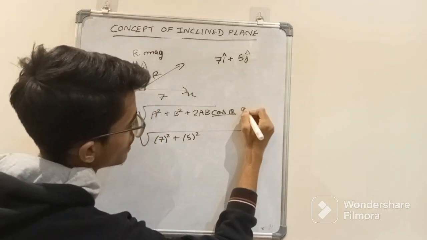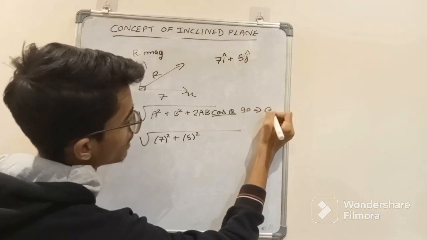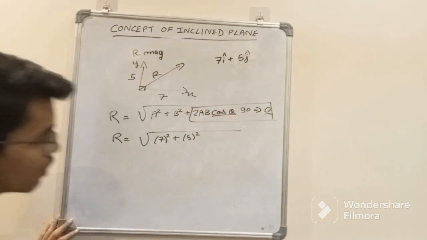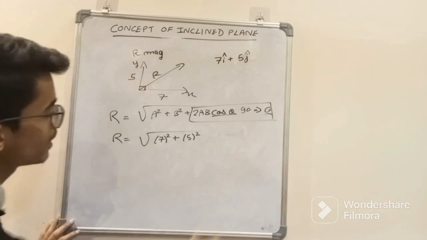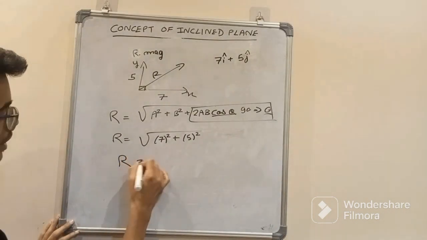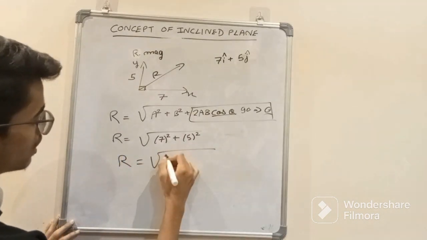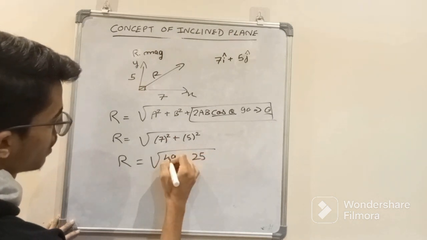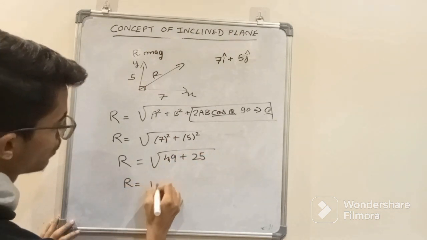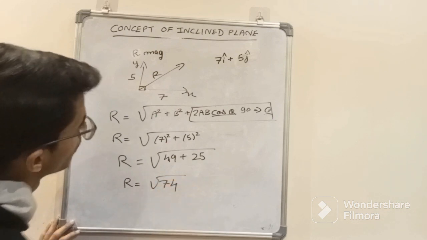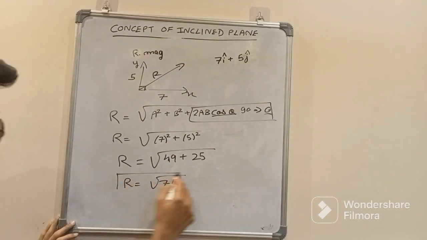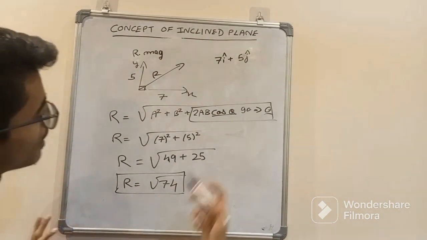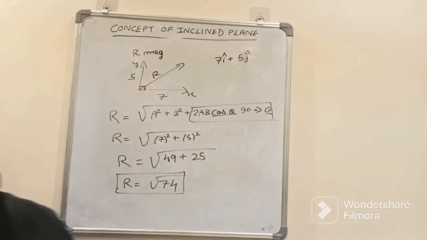So cos theta, that is cos 90, that is equal to 0. So this entire term will be equal to 0. We are not required to write that. So we are left with under root 49 plus 25. So that is under root of 74. ये था हमारे रिजल्टेंट वेक्टर का मैग्नीट्यूड. अब हम चाहें तो रिजल्टेंट वेक्टर का डायरेक्शन भी निकाल सकते हैं.